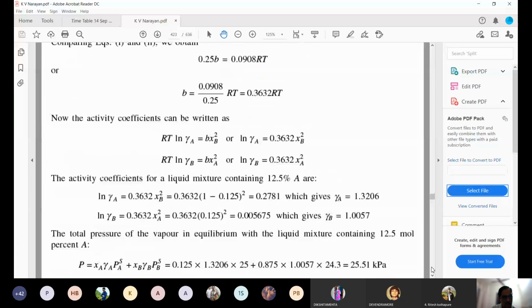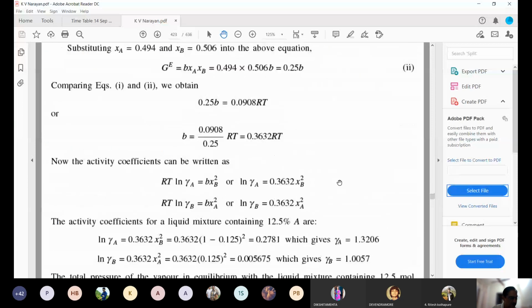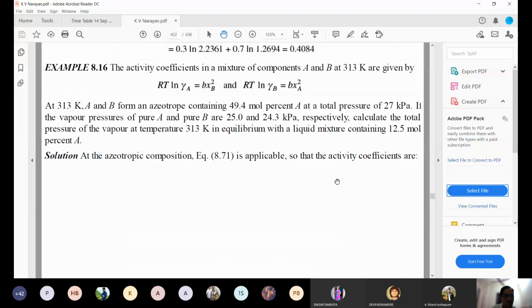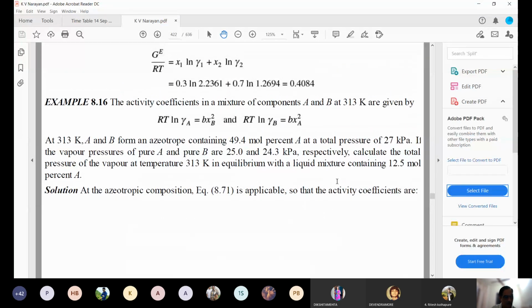Okay, let's solve another problem. Problem 8.16 was asked in SEM 2016. The activity coefficient in a mixture of components A and B at 313 K is given by RT ln gamma A equal to b XB square and RT ln gamma B equal to b XA square.